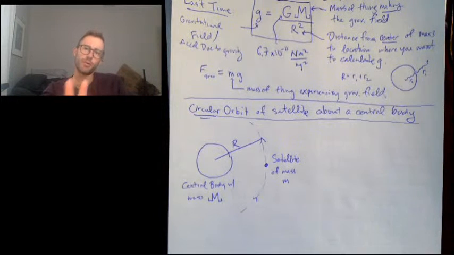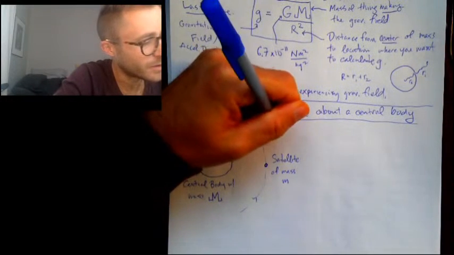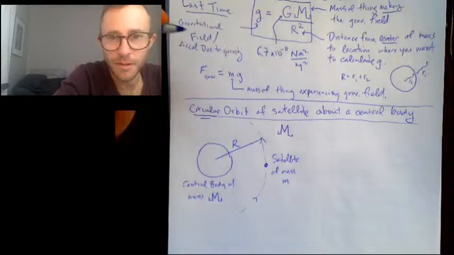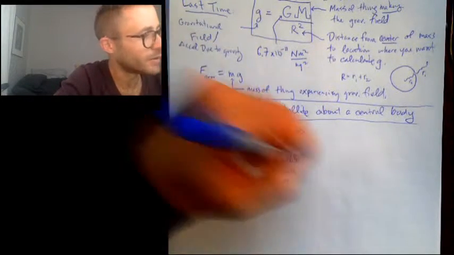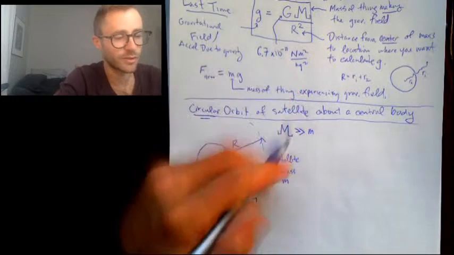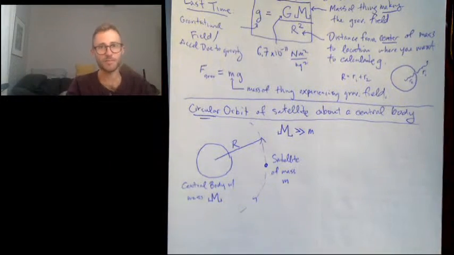One important point about the case that we are going to consider is that the mass of the central body is much greater than the mass of the satellite. If you put two greater than signs, it means much greater.